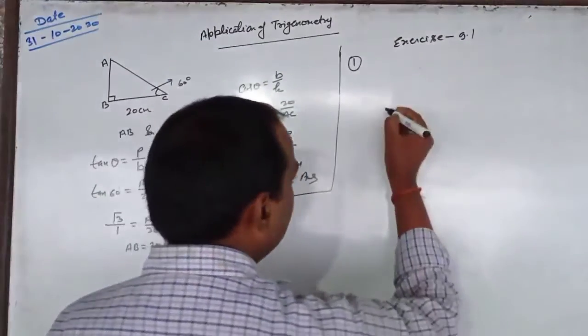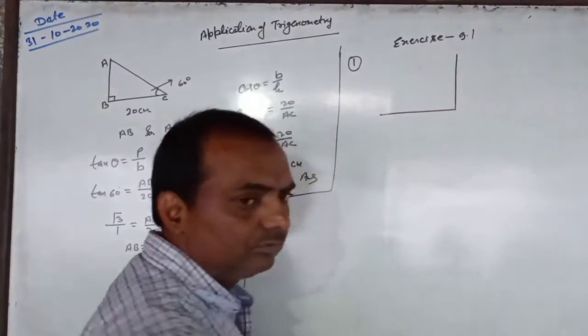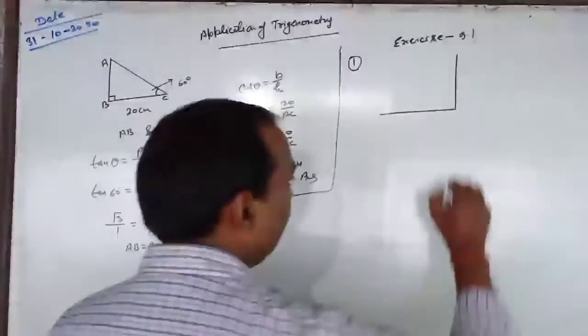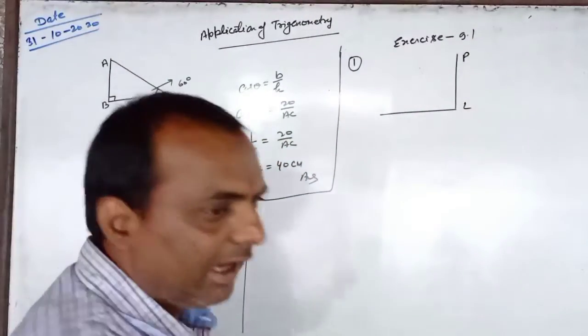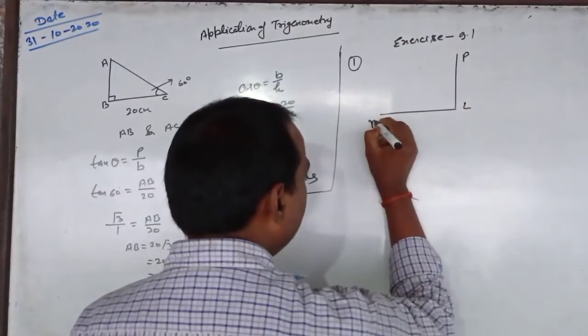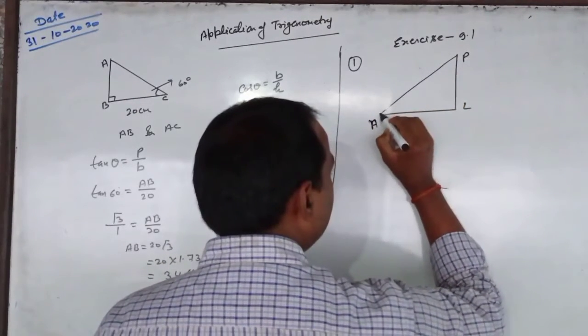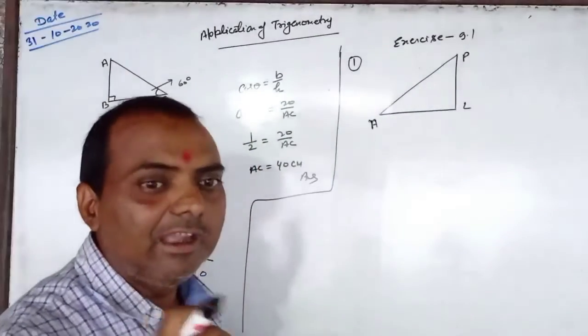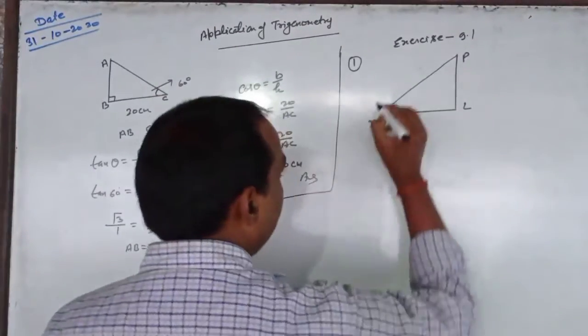Let on the ground there is a vertical pole, represented by PL, and from a point A to P a rope is tied tightly, whose length is 20 meter.